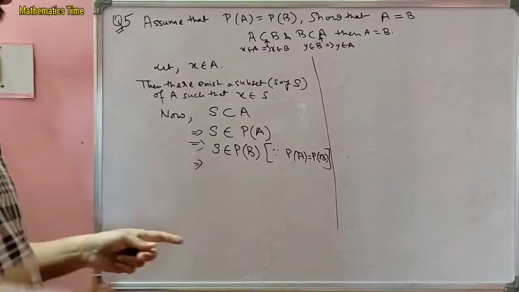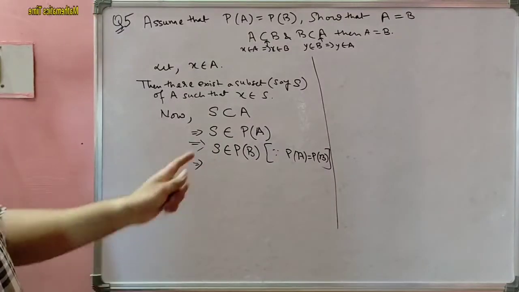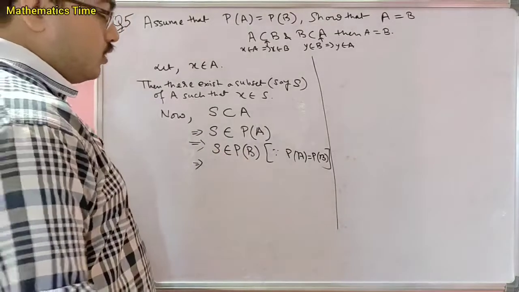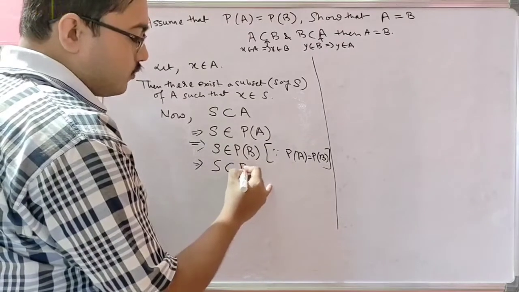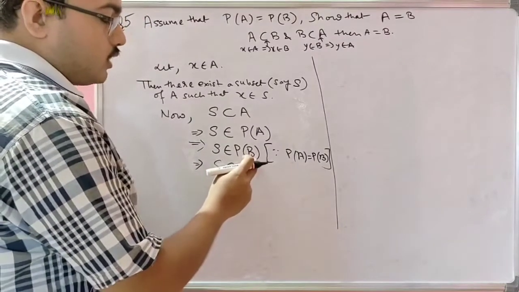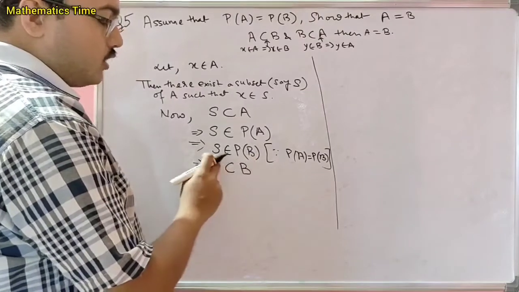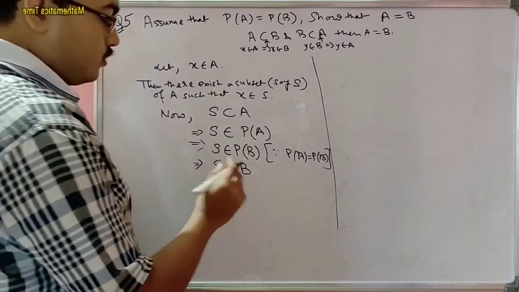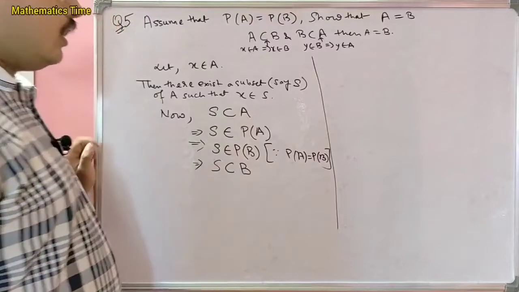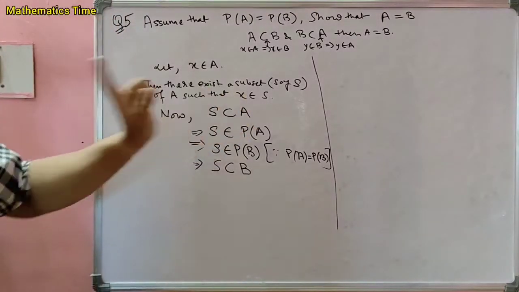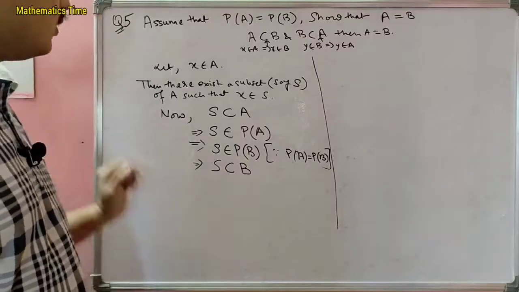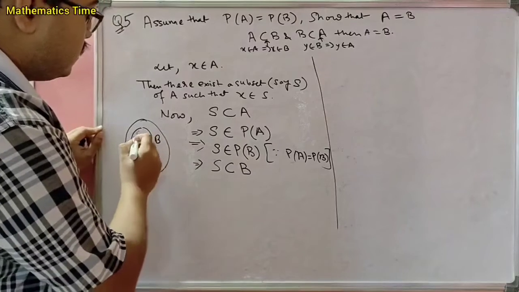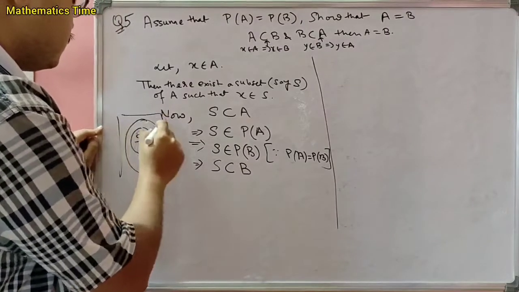Now what are the elements of the power set of B? The subsets of set B. All the subsets of set B are in the power set of B. So S must be a subset of B. So if S belongs to the power set of B, then S must be a subset of B. Now x is an element of set S, and S is now a subset of B. This is S and this is B. This is the universal set.